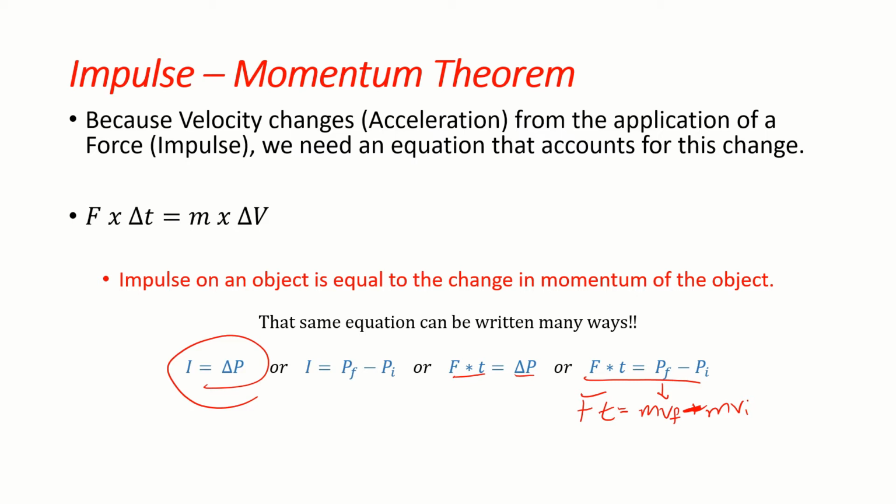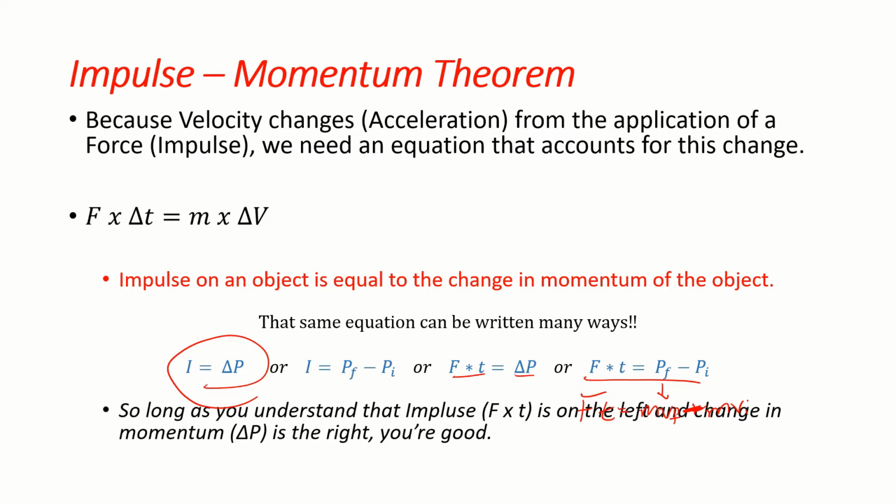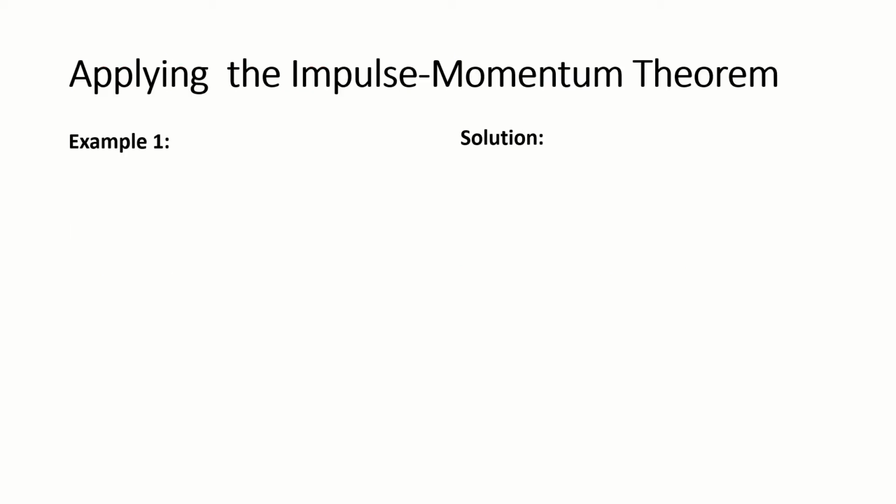But I'm going to give you even more, and I want you to use them as a reference when we're doing the homework. So long as you understand that impulse is responsible for changes in momentum, responsible for changes in speed, that force being applied over a certain amount of time is responsible for that thing to change its motion, we're good. That's the impulse momentum theorem.